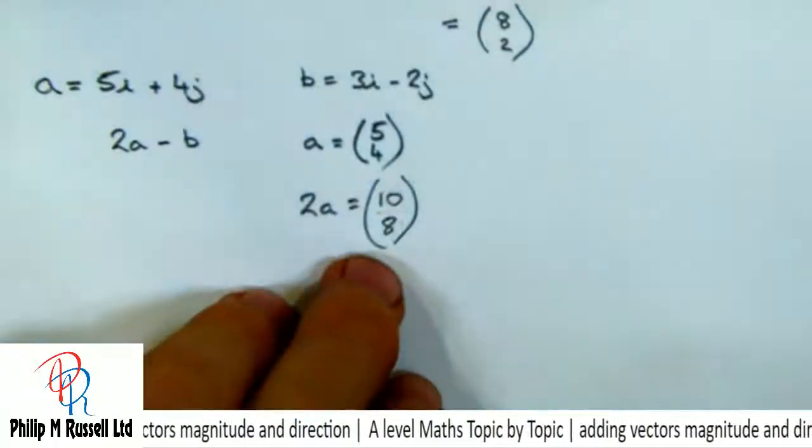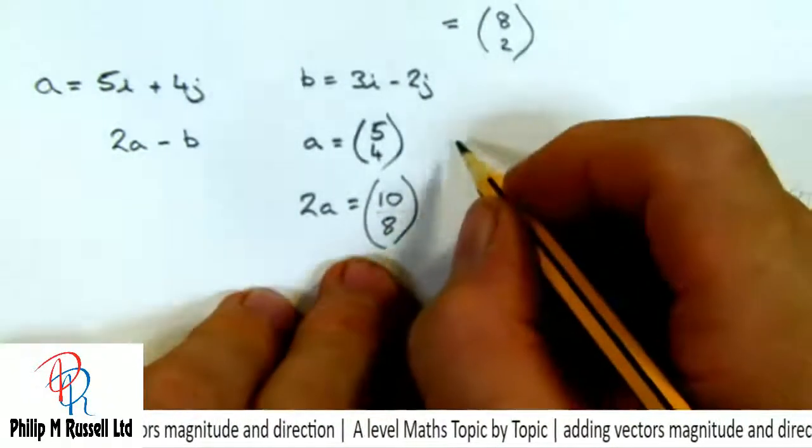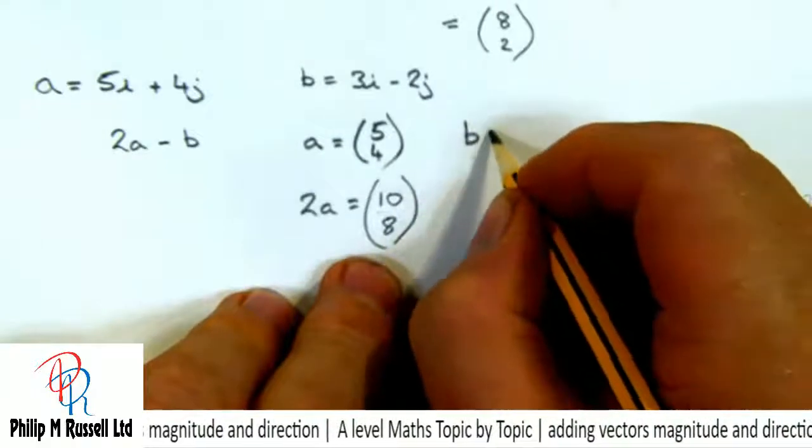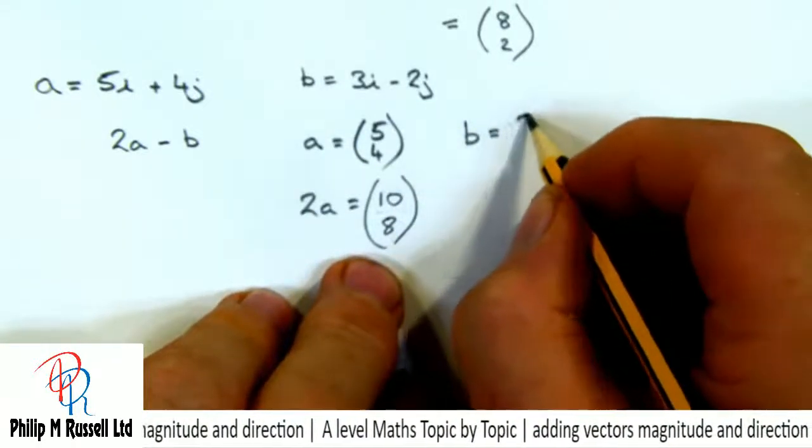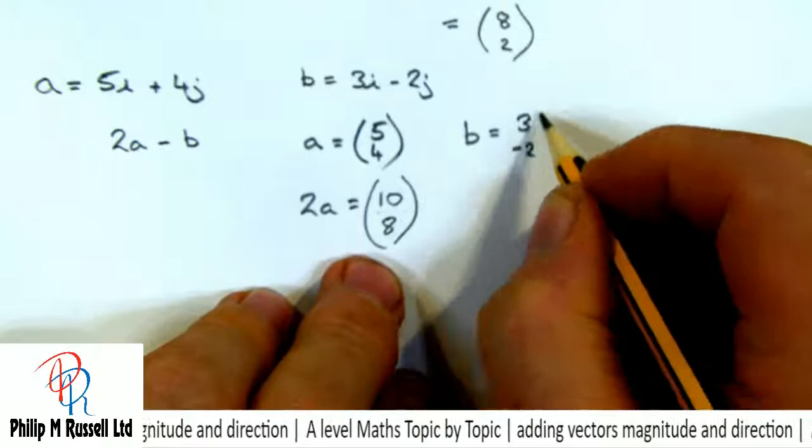So I've worked out what that vector is. I can work out what vector B is, and that's going to be 3 minus 2.